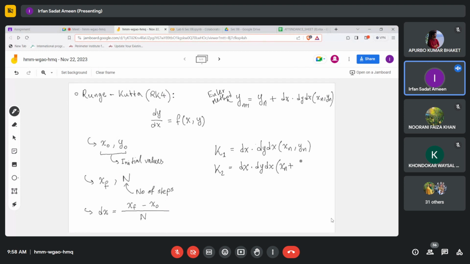We advance half a step from x and look at the derivative there. From y also we advance half a step. What does advancing half a step from y mean? You do half times k1, right? Because this is the update of y. So if we want to advance y by half a step, then y plus k1 by 2. So this k2 is dependent on k1, okay? And the others will be as well.